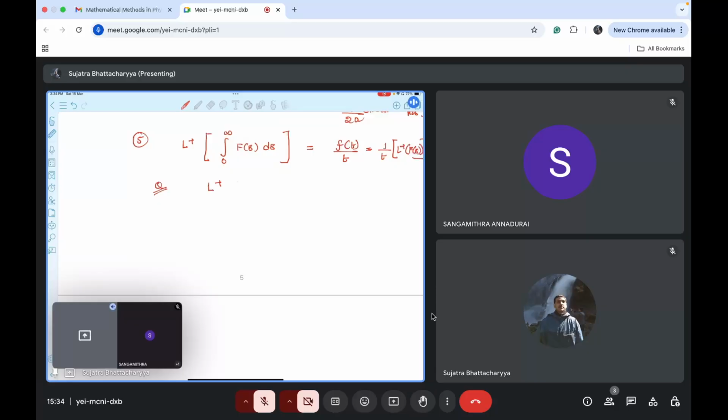So L inverse of, let's say it is given, 2s divided by (s square plus 1) whole square. This you have to find out.